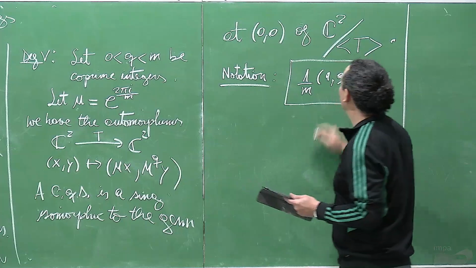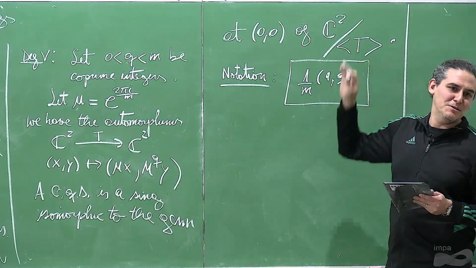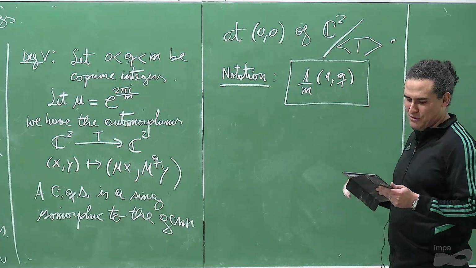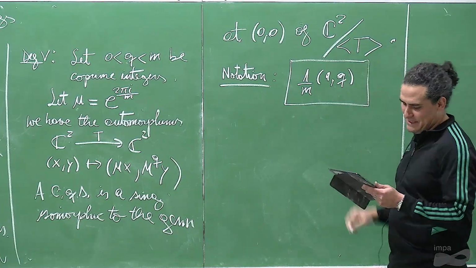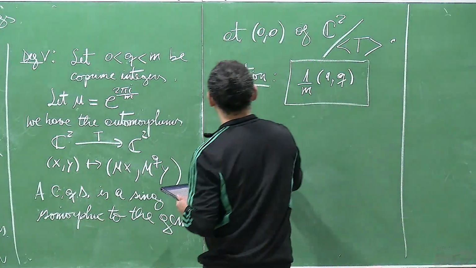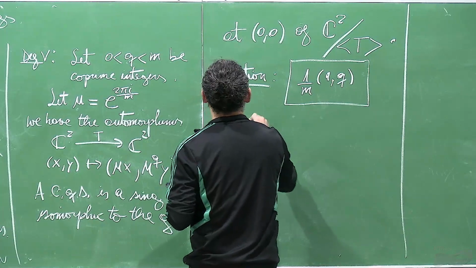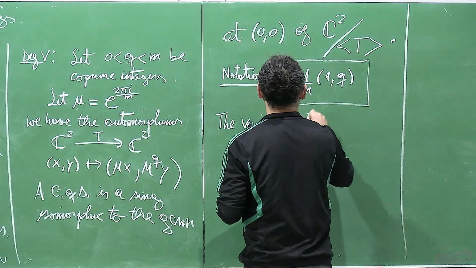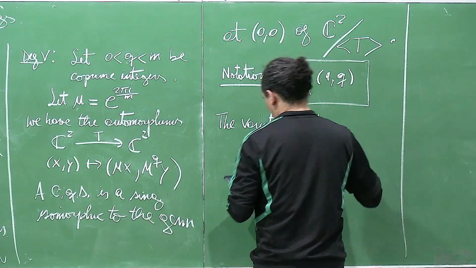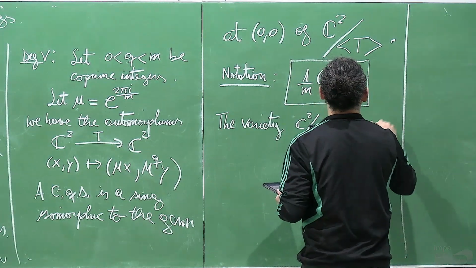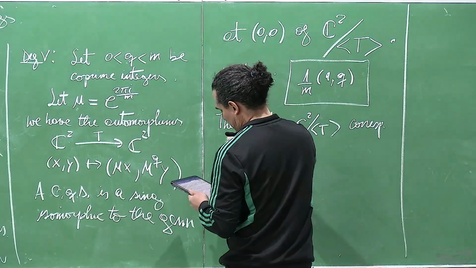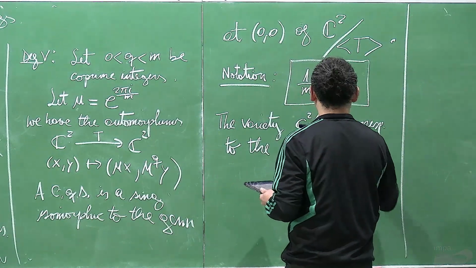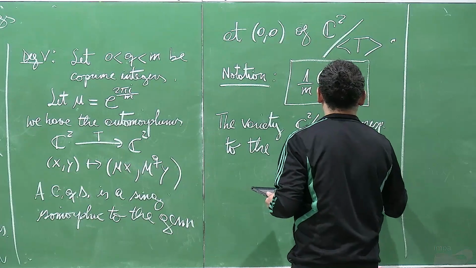So it turns out, I don't know if you have seen this before, so I'm talking to the students. I will tell you how to construct this variety. So the variety C2 over T corresponds to the finitely generated C algebra of invariants.